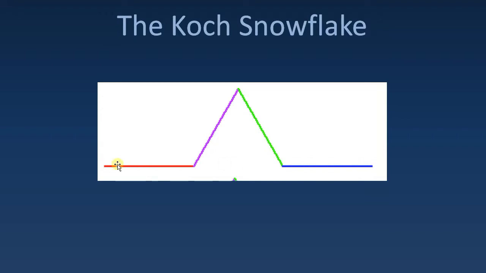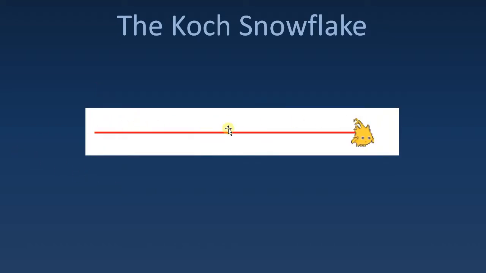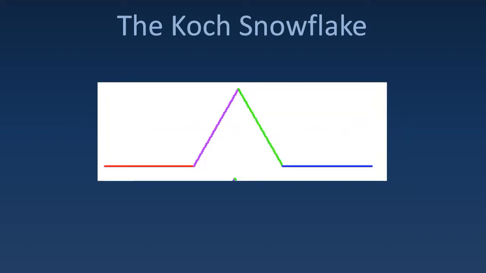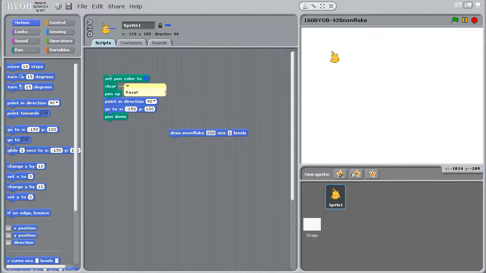So I can say to draw this by saying, go draw a straight line, turn, draw a straight line, turn, draw a straight line, turn, draw a straight line. And I already have this instruction to draw a straight line. This level 1 snowflake is just going to draw a straight line. So to draw my second level, I need to say draw a level 1, turn, it looks like 60 degrees, draw, turn 120 degrees, draw, turn 60 degrees, draw. So let's go try and implement that.